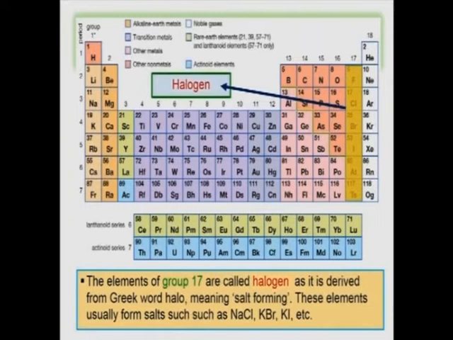These elements, like chlorine and iodine, all the elements in group 17, form salts such as sodium chloride, potassium bromide and potassium iodide and so on.